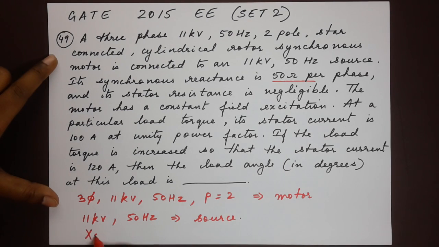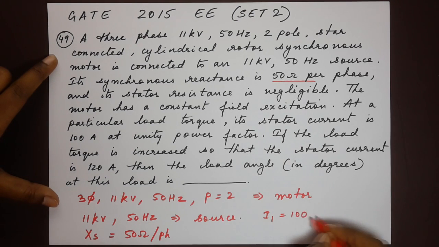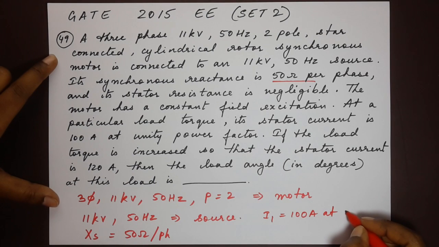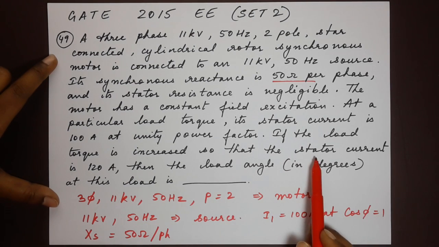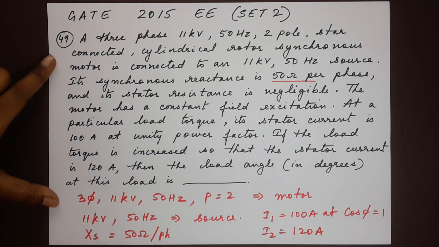So that's XS, 50 ohm per phase. And we have also been given the stator current, I1, 100 amps at unity power factor, which means that cos phi is equal to 1. We are also given that the stator current is increased to 120 amps, so I2 is 120 amps. We need to find out the load angle.